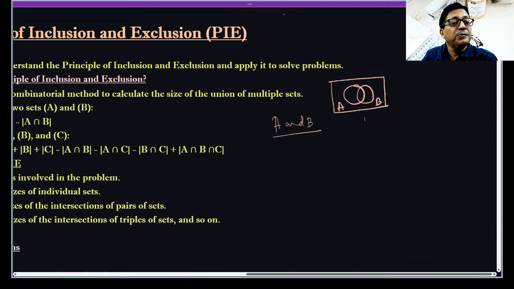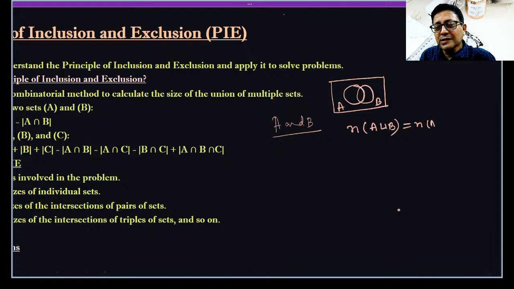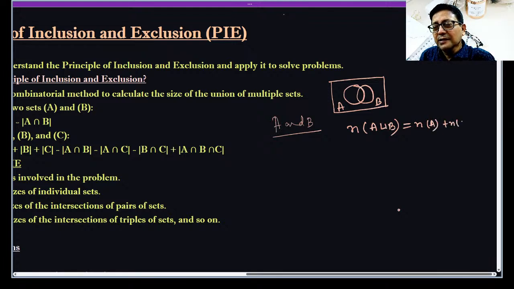Initially, your problem is to find number of elements in A union B. This is nothing but NA plus NB minus N(A intersection B).